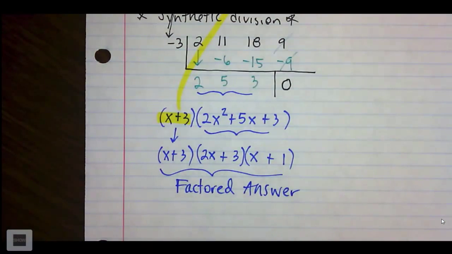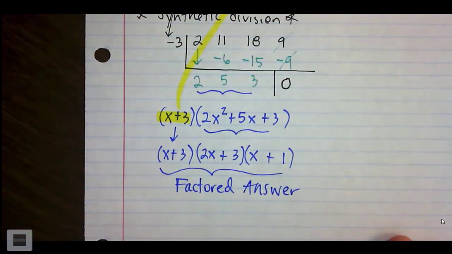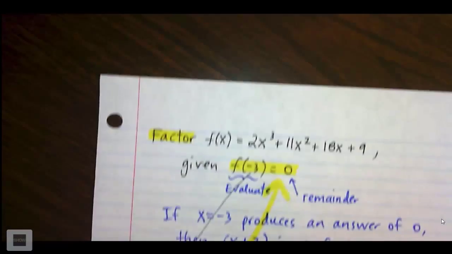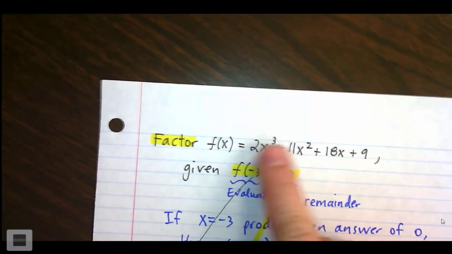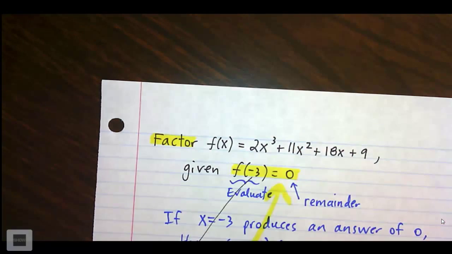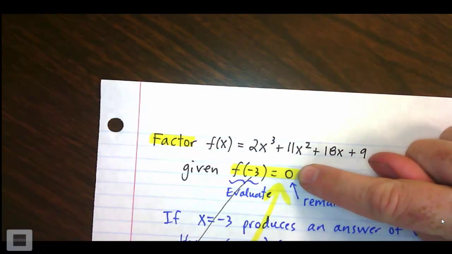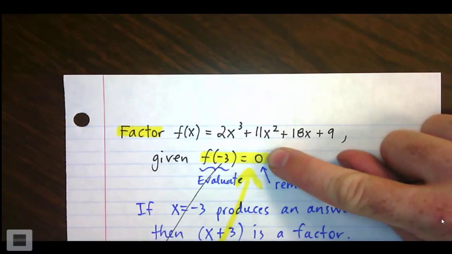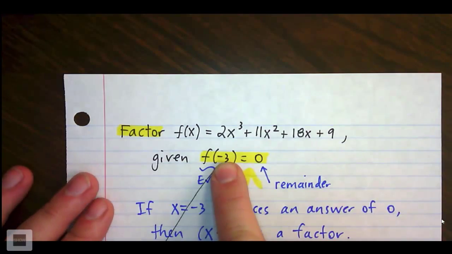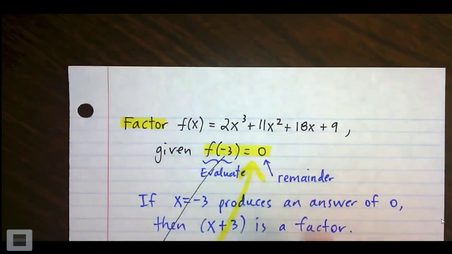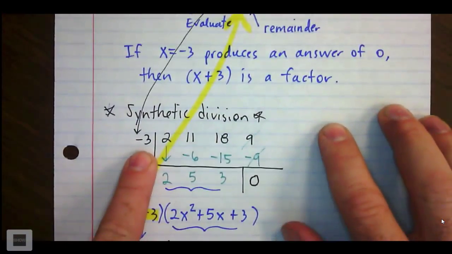So I want to bring something to your attention. We had to factor something that had 1, 2, 3, 4 terms. We don't know how to do factoring by 4 terms yet. However, I gave you a piece of information that was a starting point for help. So using the factor theorem, it says, okay, if I take -3 and I evaluate, I get 0. So let me use -3 for synthetic division.